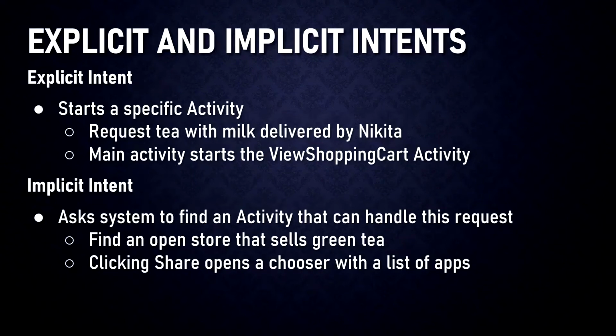If your app wants to open those kinds of apps, you use an implicit intent, because those apps are not your app, but you want to request them to do some action. Let's say you are passing a URL, and you want a browser app on your device to handle that request. You pass the data, and you use an implicit intent for such a purpose. We'll get into some examples of this.